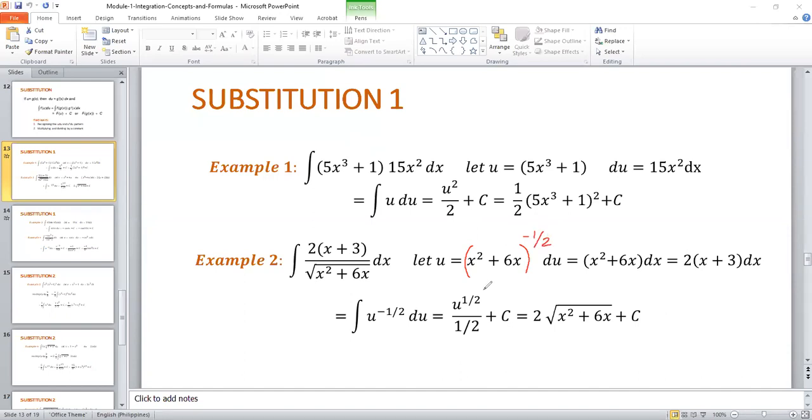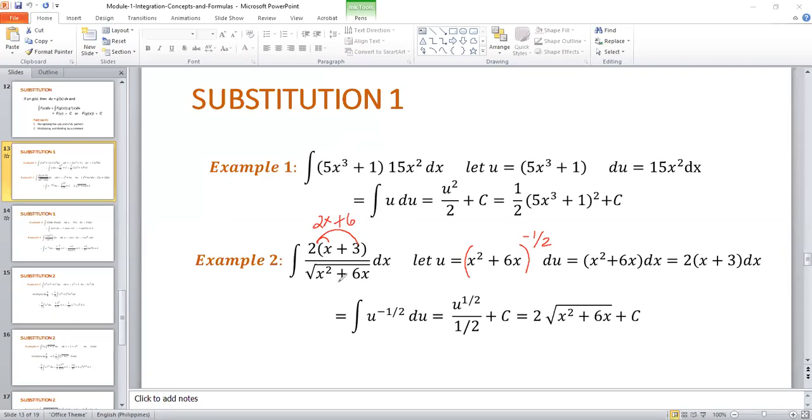What is the derivative of this x squared plus 6x? It's 2x plus 6. Derivative of x squared is 2x. Derivative of 6x is 6. Isn't it the one that you're seeing here? This is now 2x plus 6.